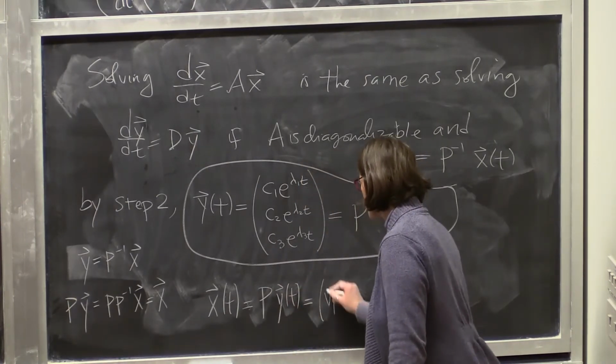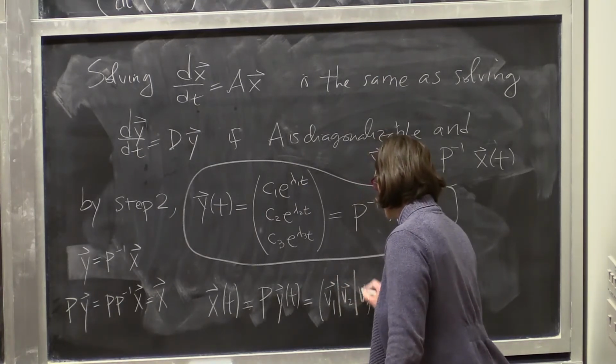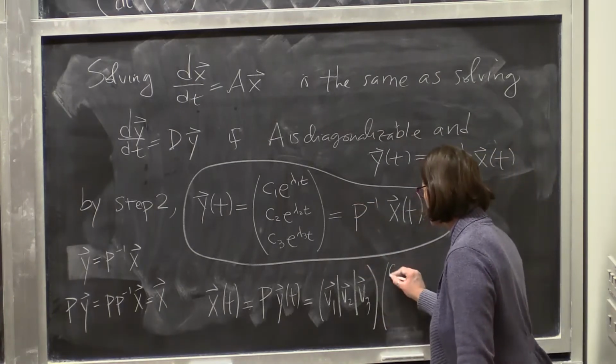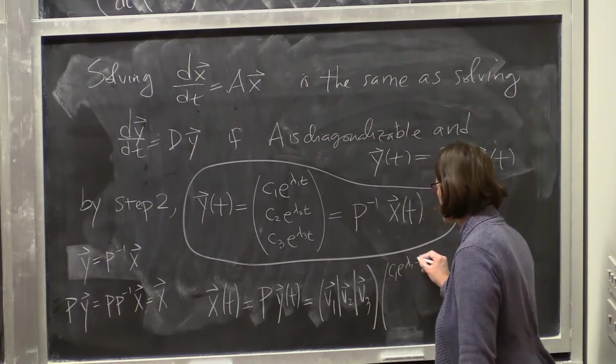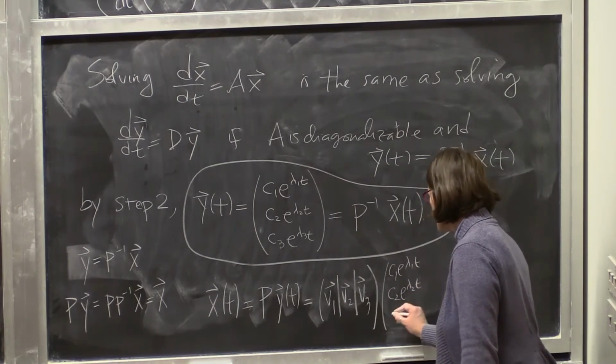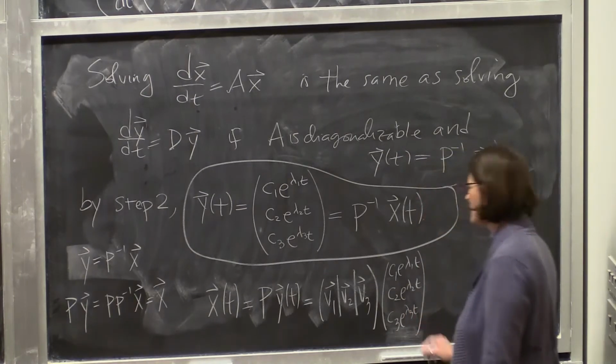P is built out of the eigenvectors v1, v2, v3. Y is c1 e to the lambda 1t, c2 e to the lambda 2t, c3 e to the lambda 3t.